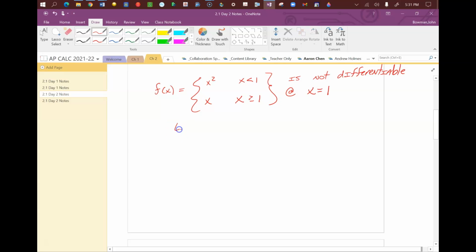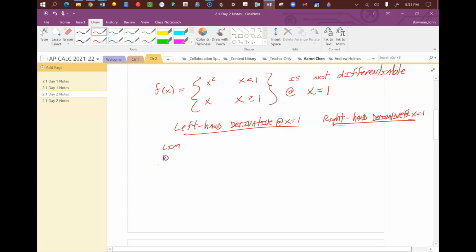All right, so left-hand derivative at x equal 1, and then over here we're going to have the right-hand derivative at x equal 1. All right, so we set this up the same way we always do.